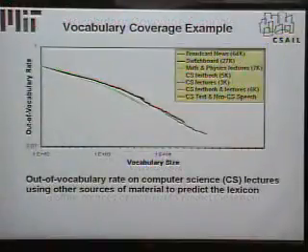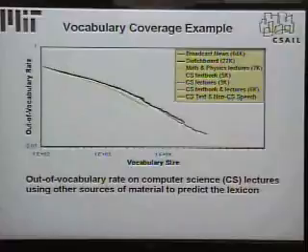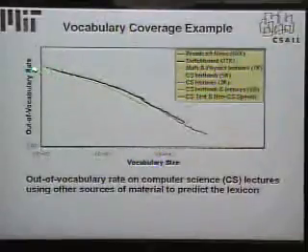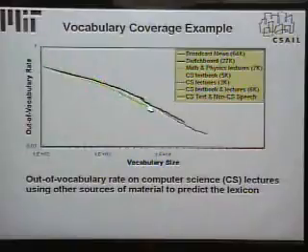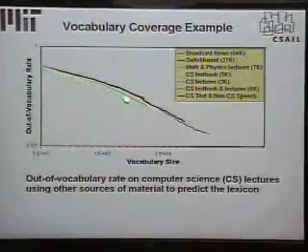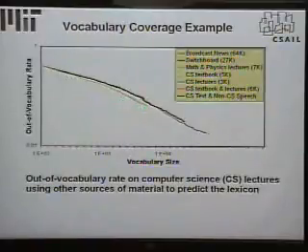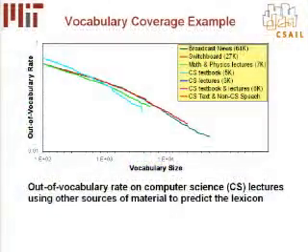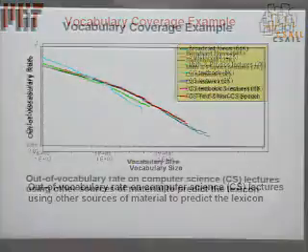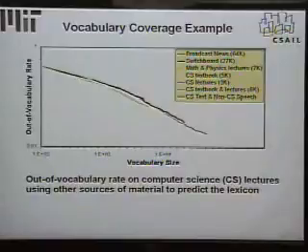If we look at just lectures in math and physics, so lectures but from a different topic, we get a slightly better curve here in terms of being more efficient at picking up the words, but this is only 7,000 words, so there's a very large number of added vocabulary words if we only look at the vocabulary from those lectures. Well, is it surprising that that curve looks so similar across different domains?